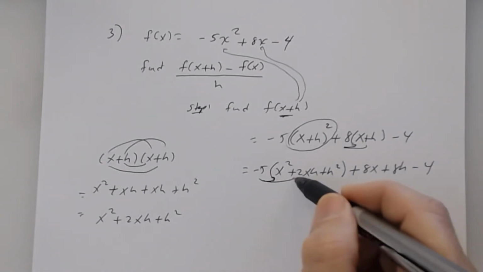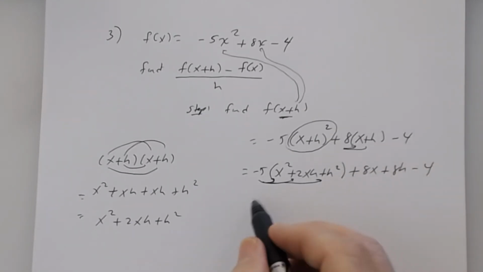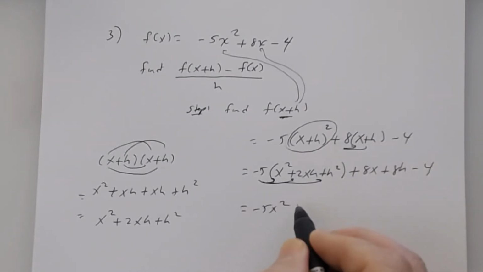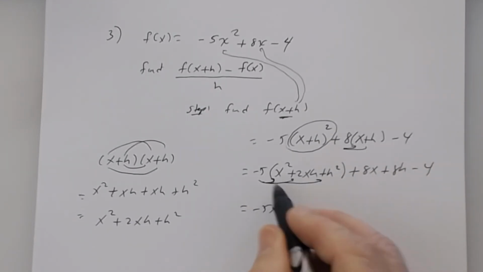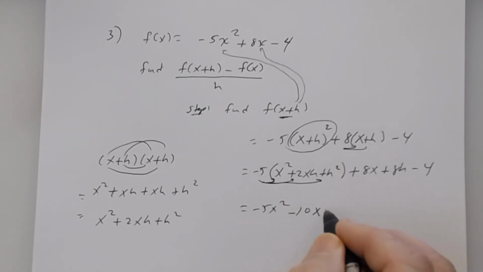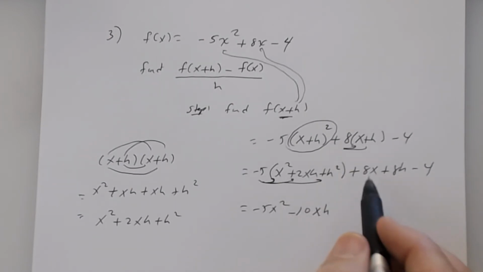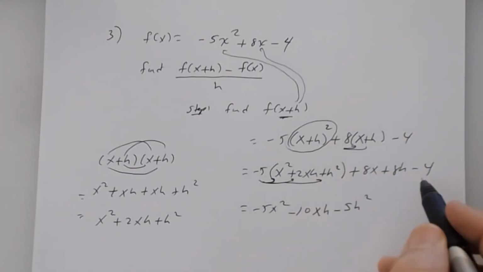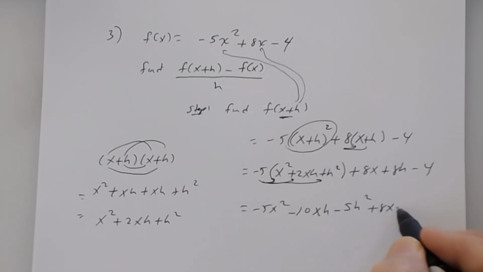Now get rid of these parentheses, use distributive property. I'm going to get -5x squared. And then what does that become? -10xh. And then what? -5h squared. And we'll just rewrite everything else. So plus 8x plus 8h minus 4.